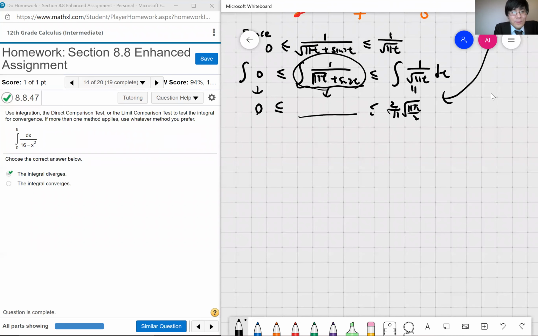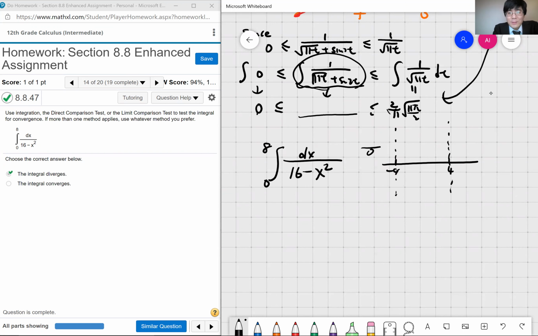So this one, you cannot integrate directly because this one is undefined at x equal to 4, where the denominator becomes 0, right? And negative 4. Since the interval here is 0 through 8, we have to split the integral at 4.